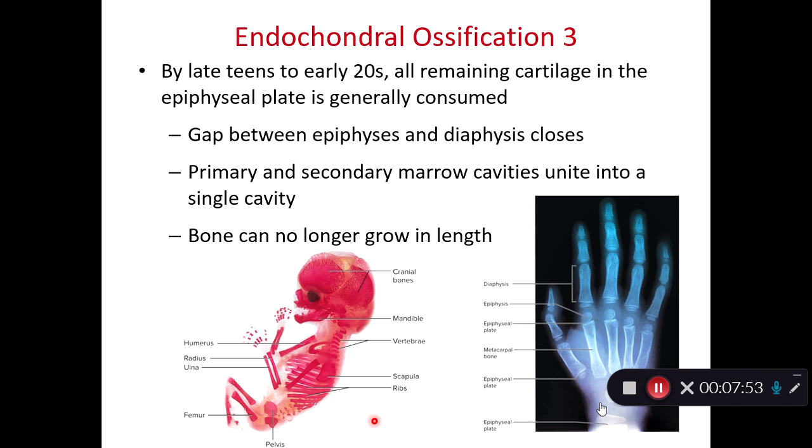So here we can see a fetal x-ray, or a newborn infant's x-ray, a young child's x-ray, and notice how there are lots of gaps in between the bones. Particularly focus on the hands right here: there's not that much bone tissue or osseous tissue in the hand yet. As the child ages and becomes a young adult, the epiphyseal plates, which you can see here in these x-rays, fuse to form epiphyseal lines, and then the bone no longer grows long, or increases in length.